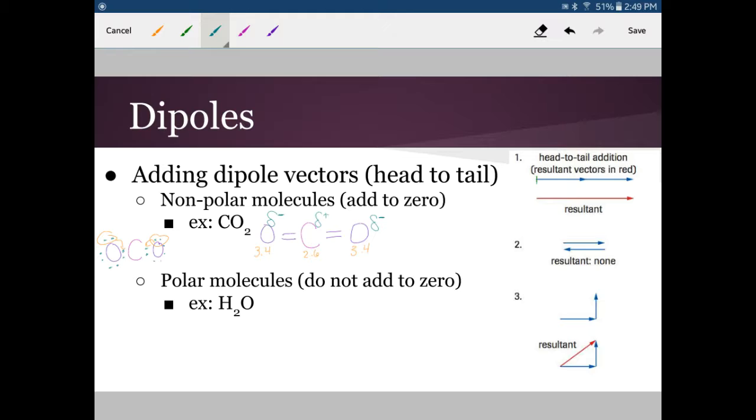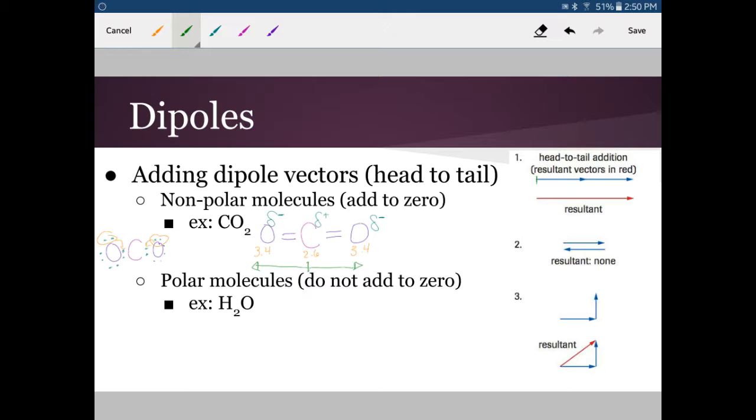So when I assign vectors, I would say that from my positive to my negative is being pulled this way for my first bond dipole, and from my positive to my negative is being pulled this way for my second dipole. Now, because I have similar or identical electronegativities on either side of this central carbon, and I have a linear molecule, that means that these vectors are pulling equal and opposite.